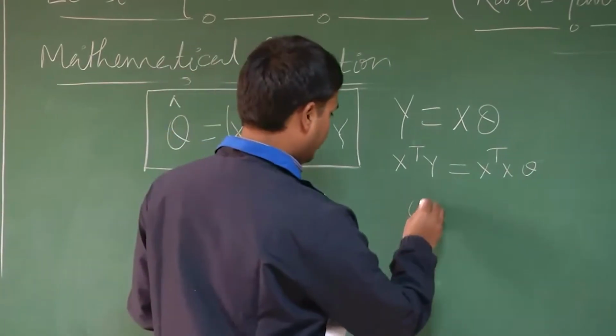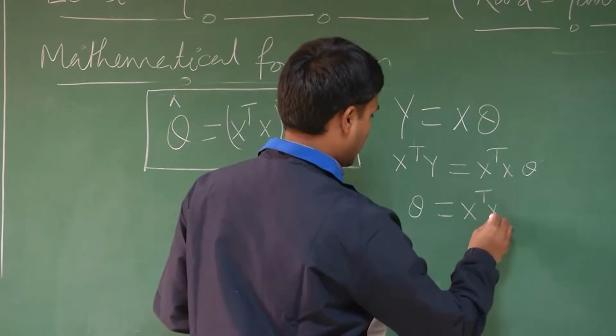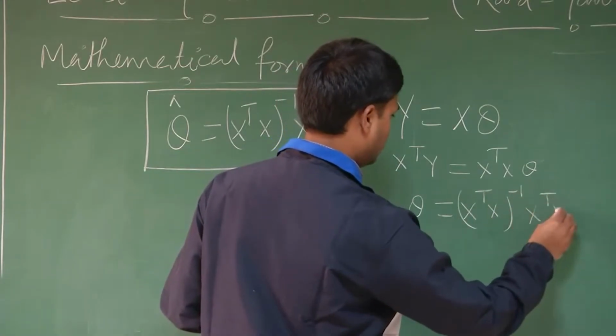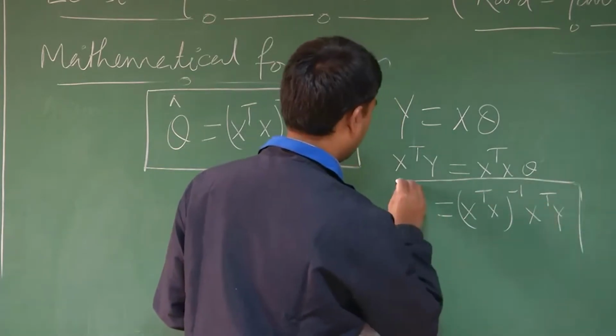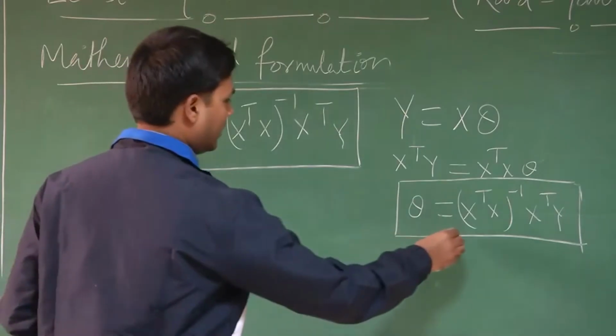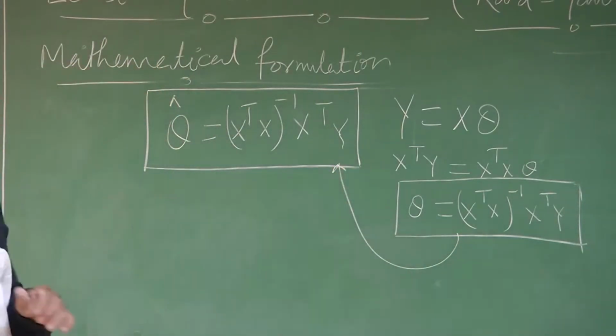Now your theta will become (x transpose x) inverse times x transpose y, right? So this is the theta you got with this algebraic manipulation. You see both are similar. So now you got the expression for theta with the least square.